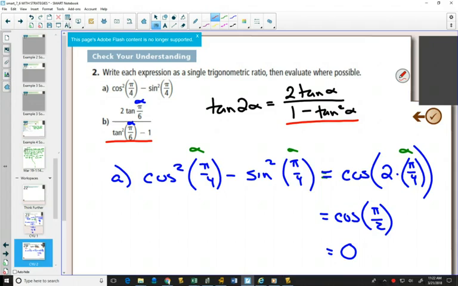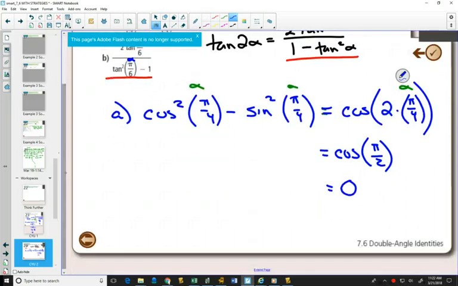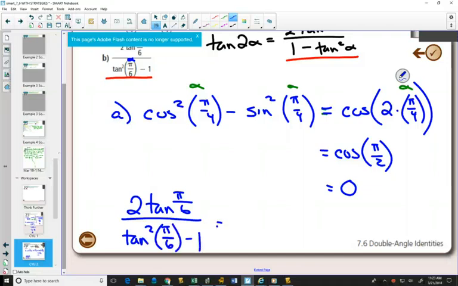So in part B, this expression, 2 tan pi over 6 over tan squared of pi over 6 minus 1, is the same as factoring a negative out of the bottom, which would give me 1 minus tan squared pi over 6.